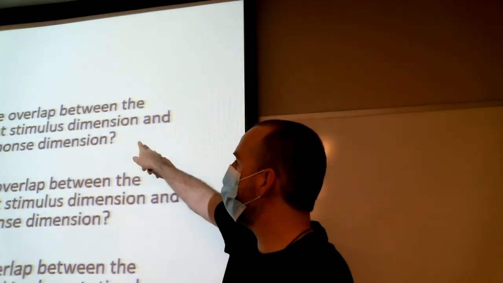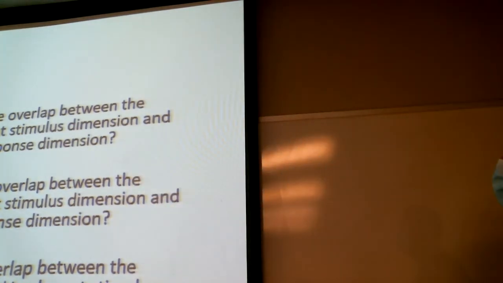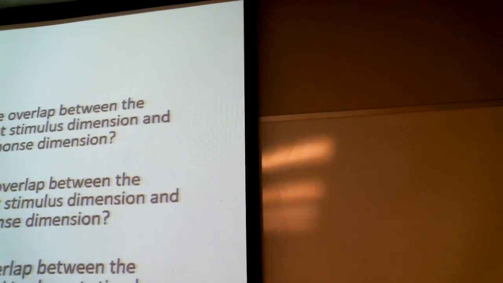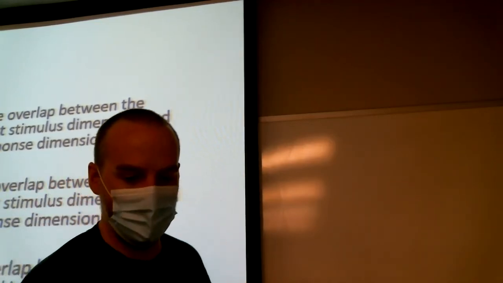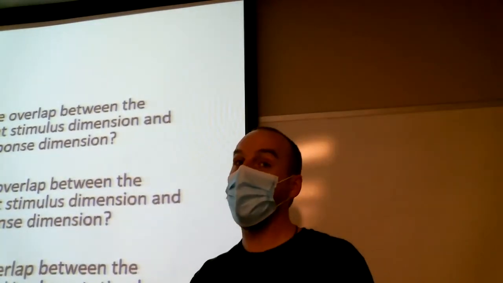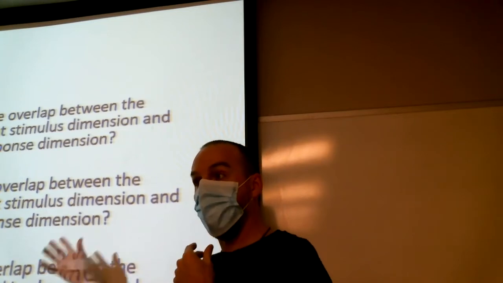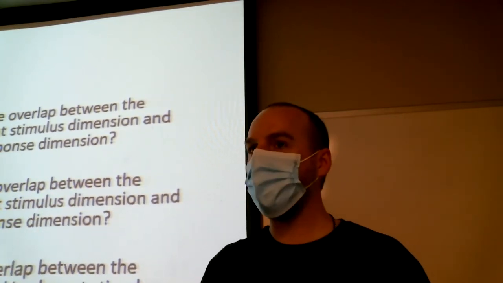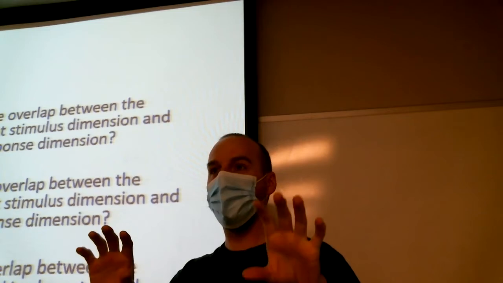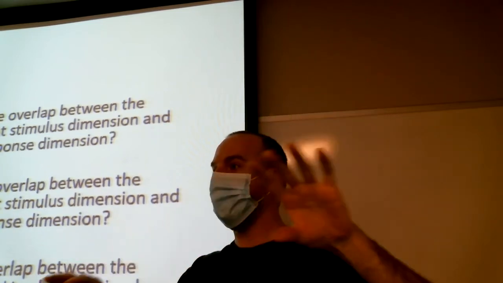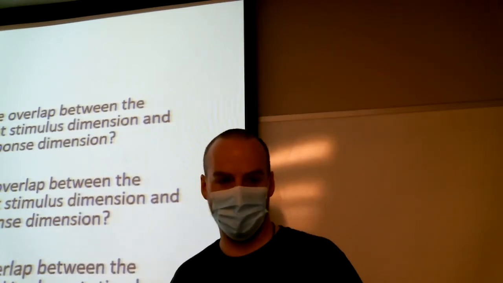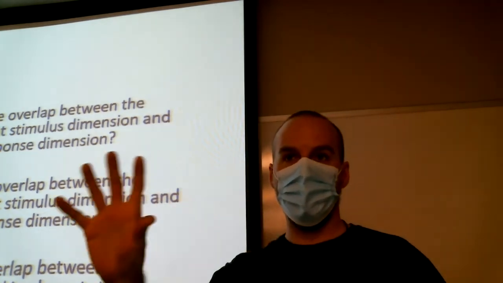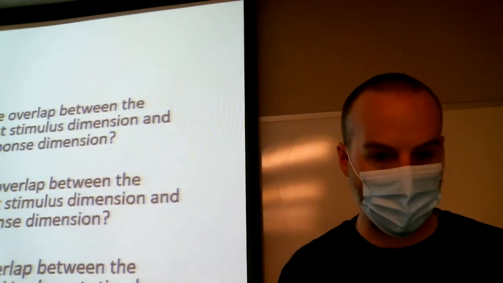So is there overlap between the relevant stimulus dimension and the response dimension? Yes, they're both left or right. In this case, it won't make the task harder. It actually helps the task. But when we do the contralateral mapping, left stimulus, right response, that overlap makes it harder. So overlap is not necessarily bad unless you're told to respond in the opposite way.